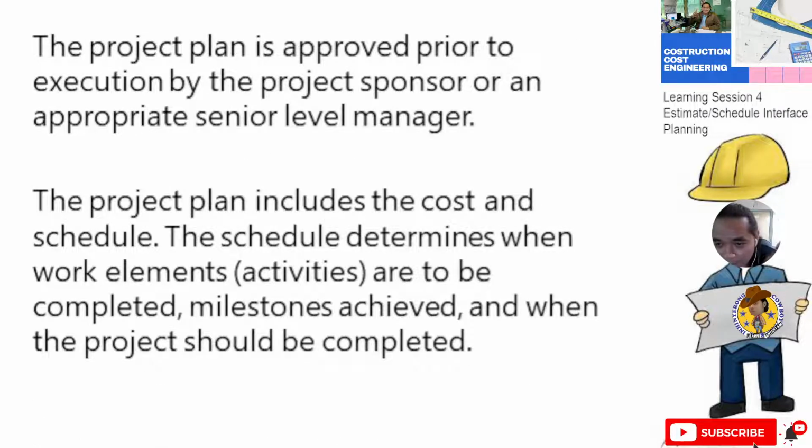The project plan is approved prior to execution by the project sponsors or an appropriate senior-level manager. The project plan includes the cost and the schedule. The schedule determines when work elements or activities are to be completed, the milestones achieved, and when a project should be completed.